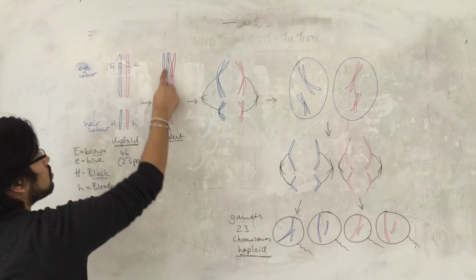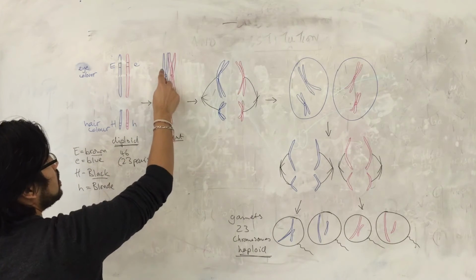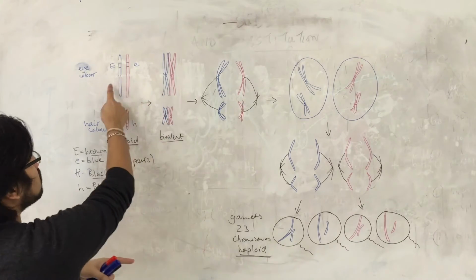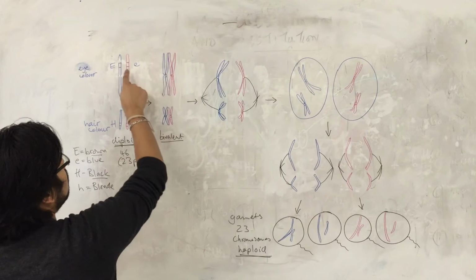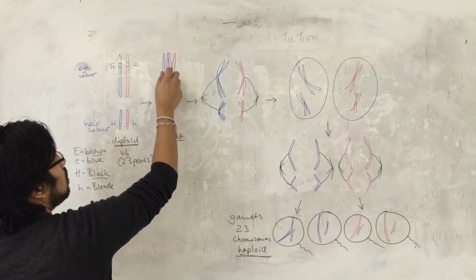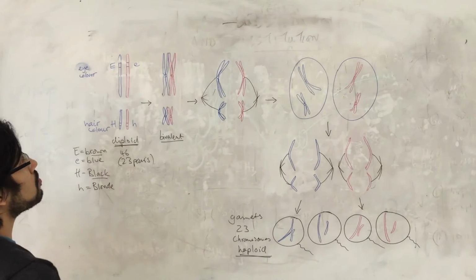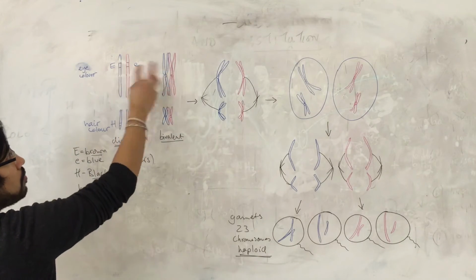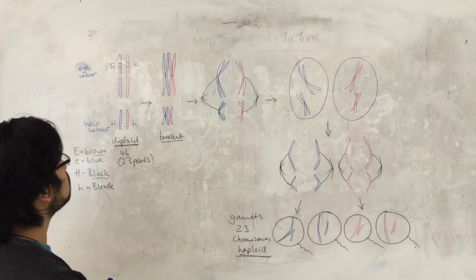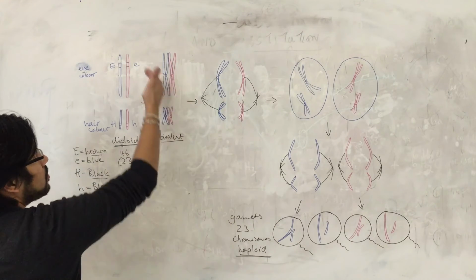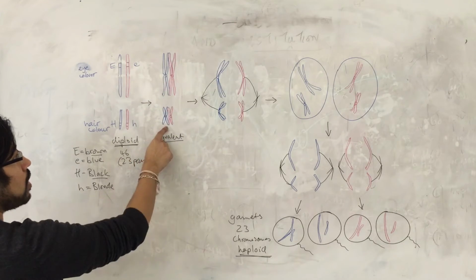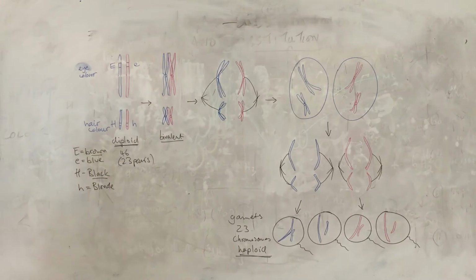This is now called a chromosome, centromere here, but that chromosome is two copies of the original chromosome. The other chromosome also replicates, and those two copies are joined at the centromere there, but these homologous chromosomes are connected to each other physically, and that whole thing is called a bivalent. So that's one bivalent, and that's another bivalent.